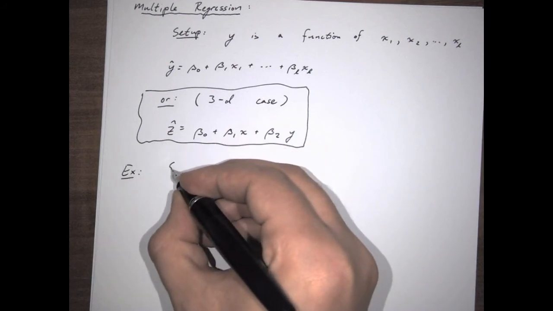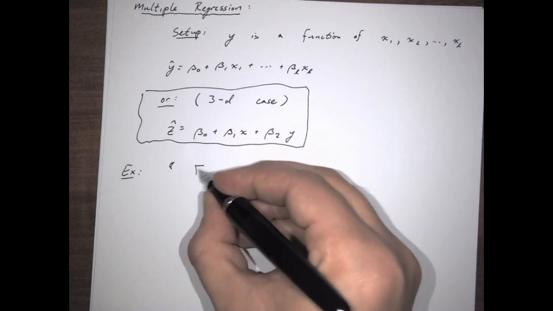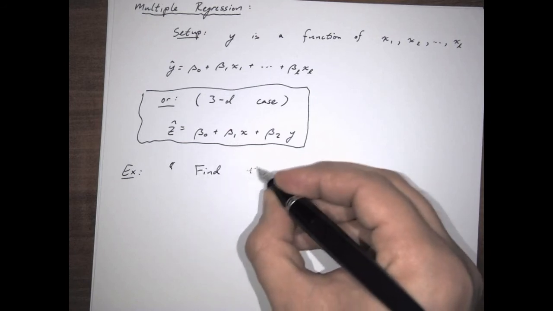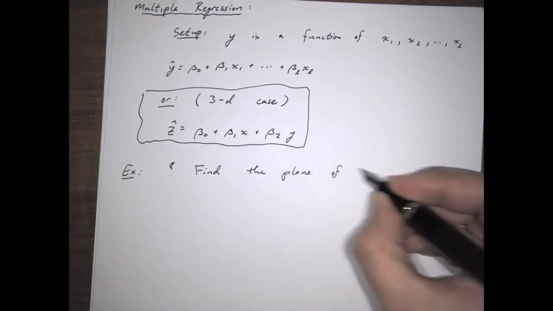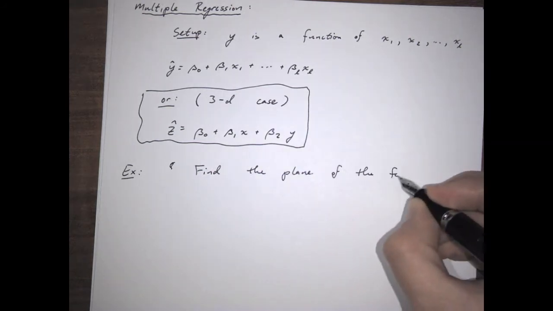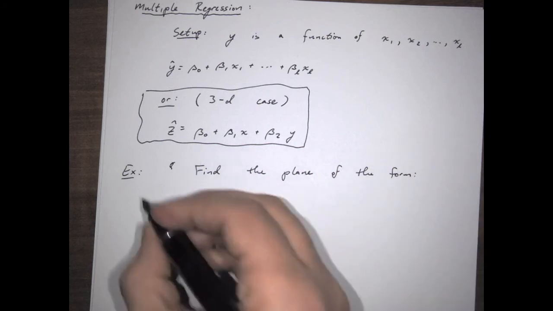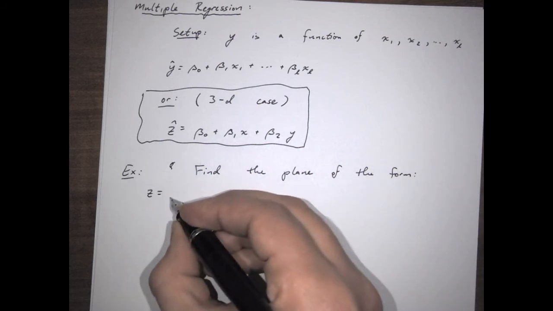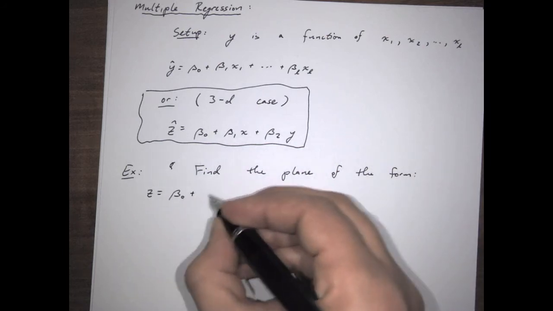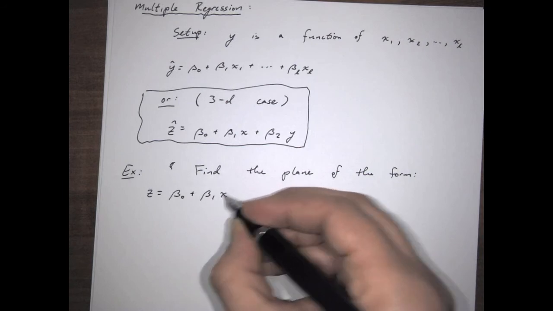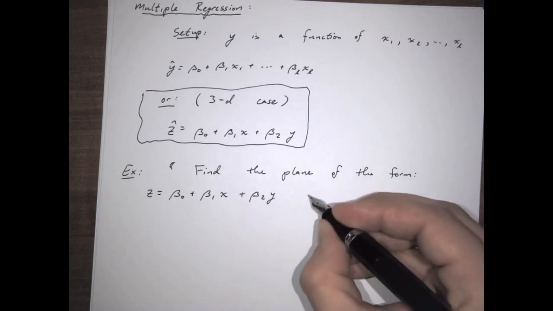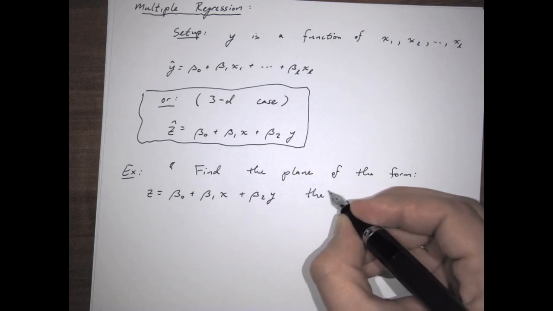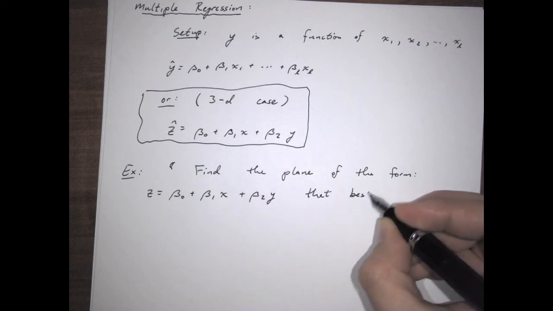So an example: find the plane of the form z equals beta naught plus beta 1 x plus beta 2 y that best fits.